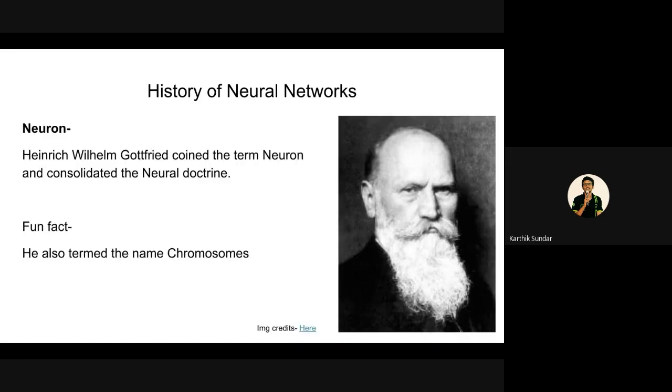And this gentleman, Heinrich Gottfried, who we used to call the father of neural networks, compiled all the earlier research findings and consolidated the neuron doctrine. One more fun fact is that he also coined the name chromosomes. It's very interesting that a single man coined two big terms in biology: neuron as well as chromosomes.